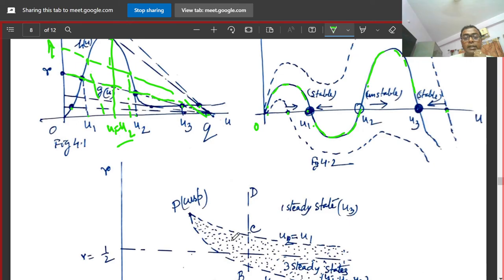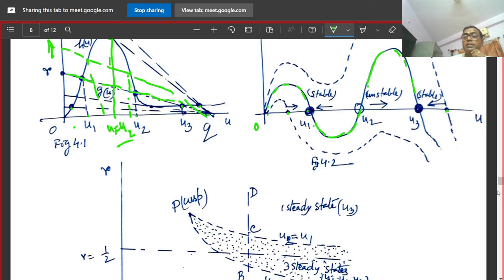That is the shaded region here. Again, when these straight lines move near the origin, you get only the steady state u1. That is, here this is the point u1 only, at the intersecting point of this curve with the curve hu.